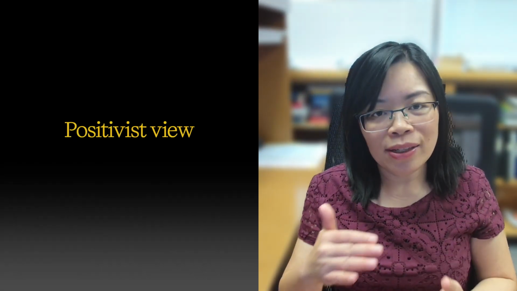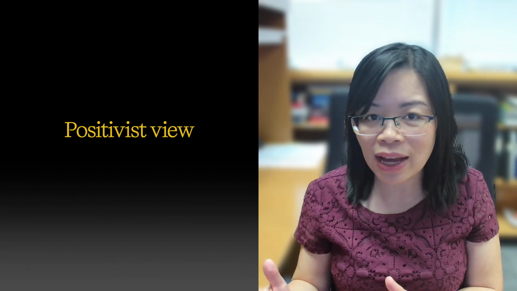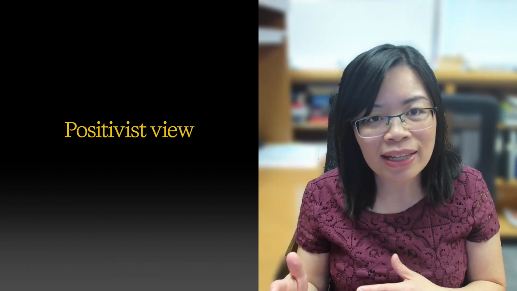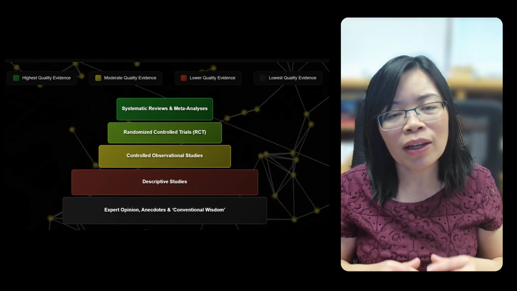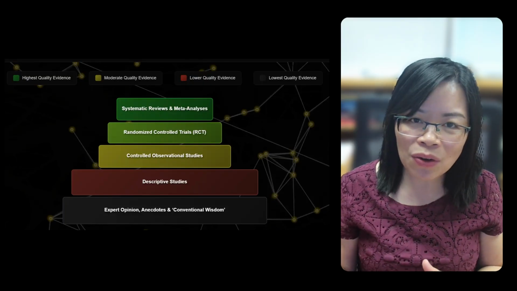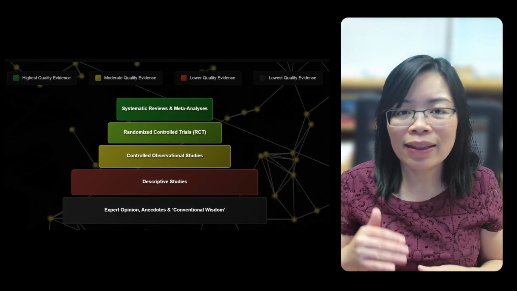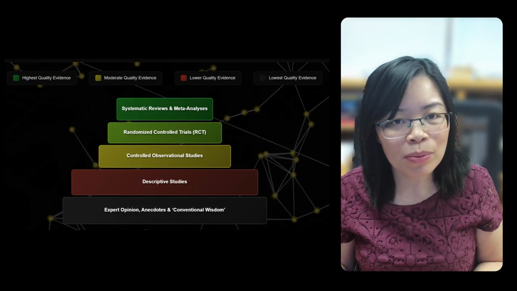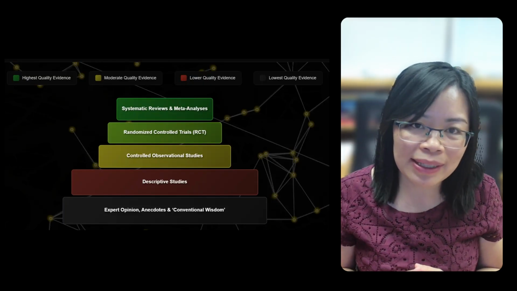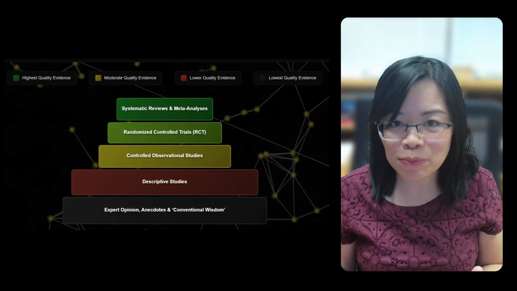This often aligns with a positivist view of knowledge, which seeks objective causal effect truth. The pyramid also assumes a little bit one-size-fits-all generalizability, that an RCT done anywhere, if high quality, is more credible than local informal evidence. Those assumptions have been challenged.